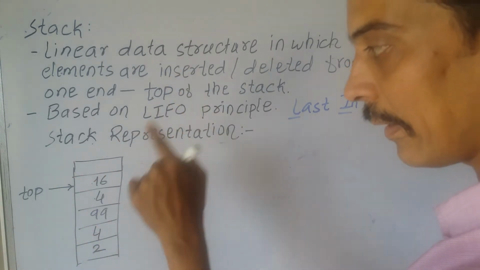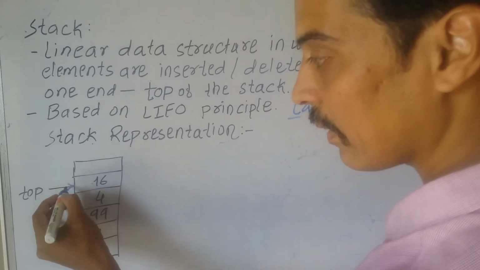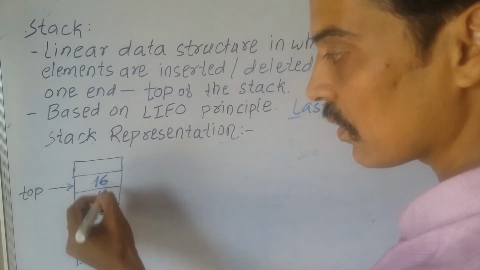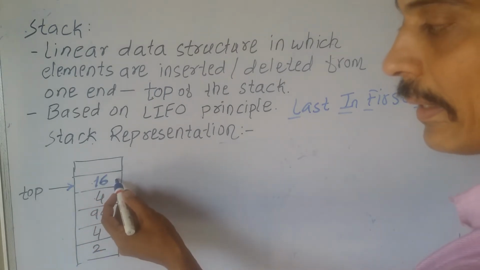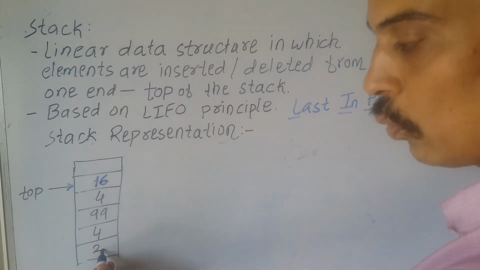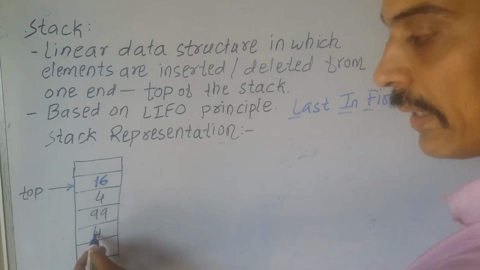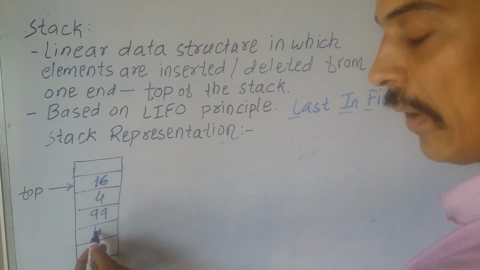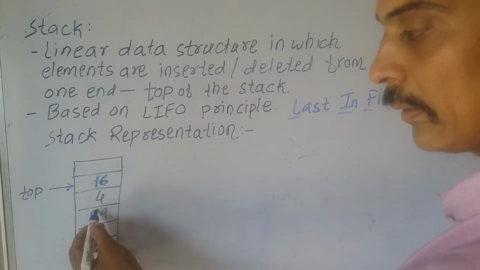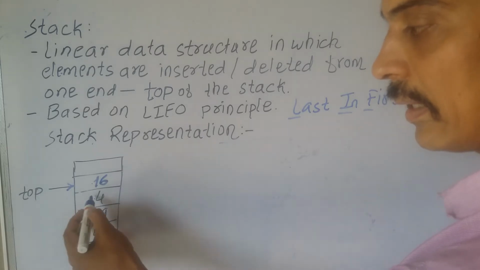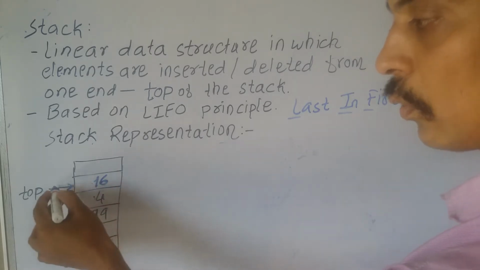At the end, the stack pointer is at element number 16 here, because this is the last inserted element. First I am inserting 2, then top is incremented, then the top indicates 4, then if I want to insert another element 99, again the top is incremented and the top becomes 99, another element I am inserting, top becomes 4, another element I am inserting, top becomes 16.